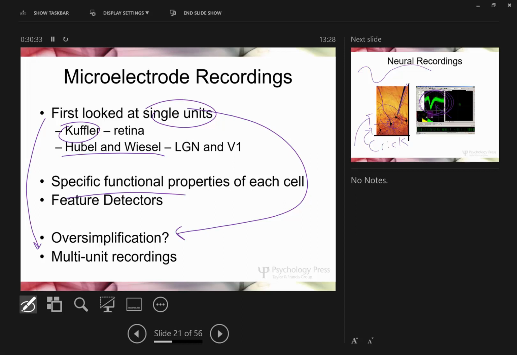One of the problems with this is you're only looking at one out of like a trillion cells, right? It seems kind of oversimplifying. How many of you have a broad collection of music? Anybody? Yeah, right. Let's say you have 1,000 albums. I'm just going to make up a number.